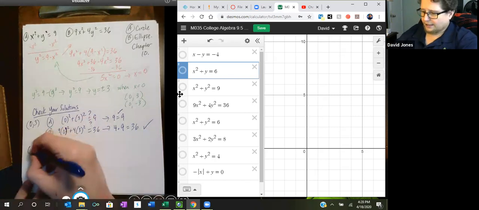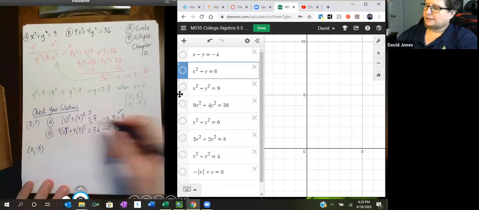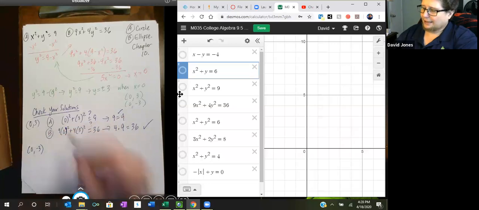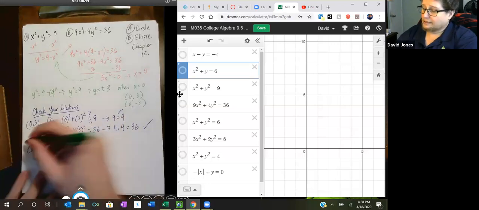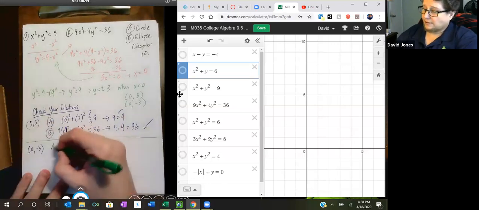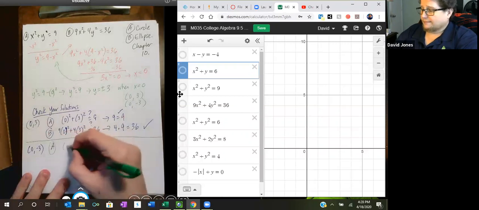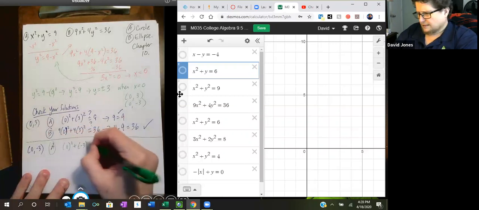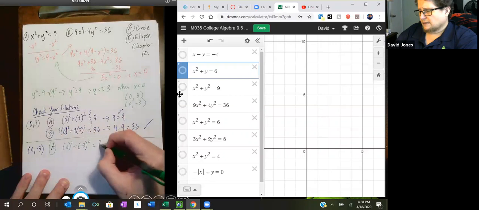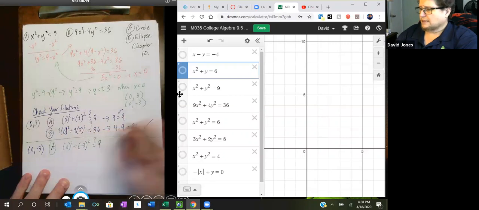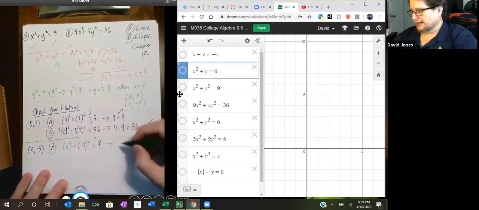We look at (0, -3), and you'll notice not a lot changes here. The act of squaring a negative number makes it positive.